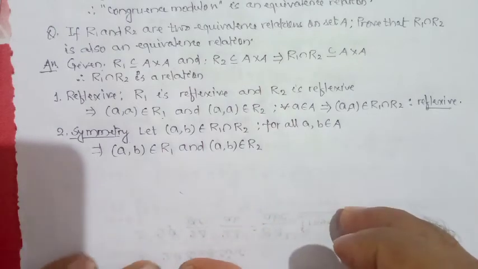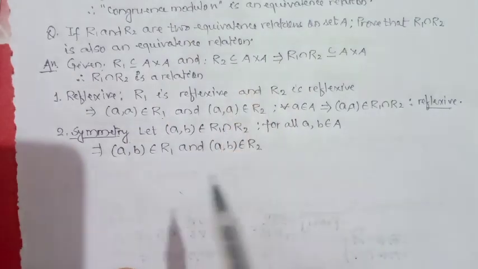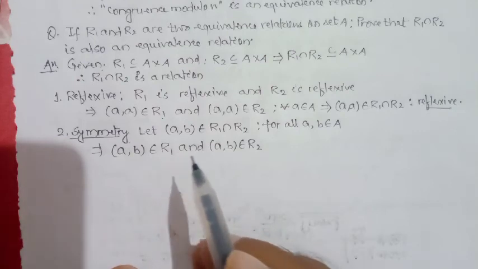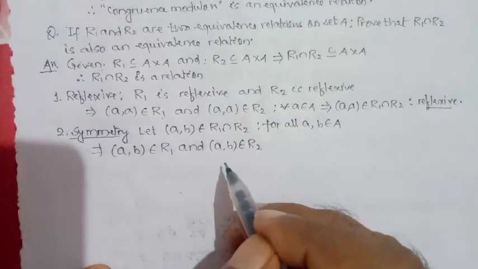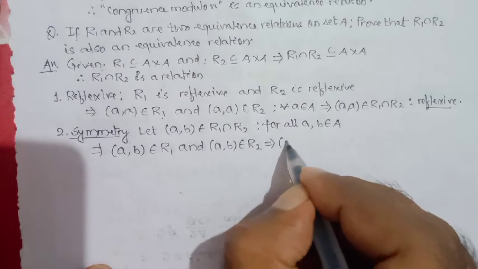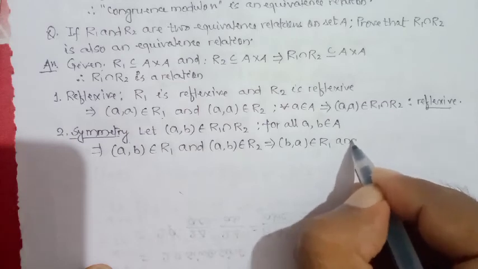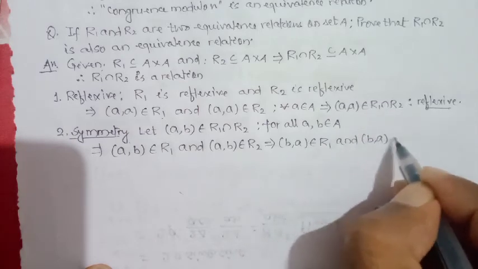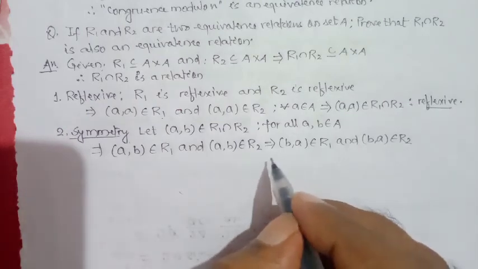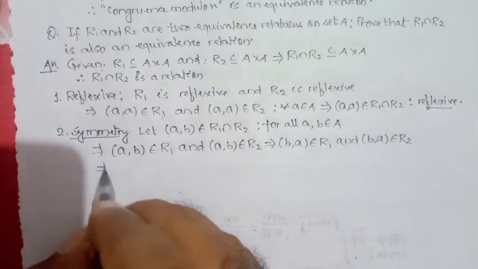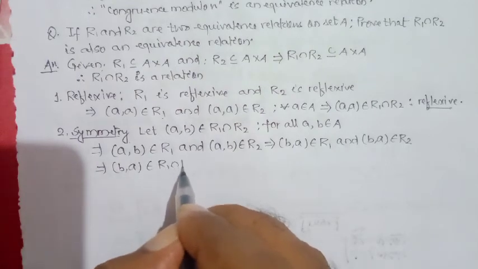Since R1 and R2 are equivalence relations, R1 is symmetric and R2 is symmetric. So (b, a) belongs to R1 and (b, a) also belongs to R2 because R1 and R2 are symmetric. Therefore, (b, a) belongs to R1 intersection R2.